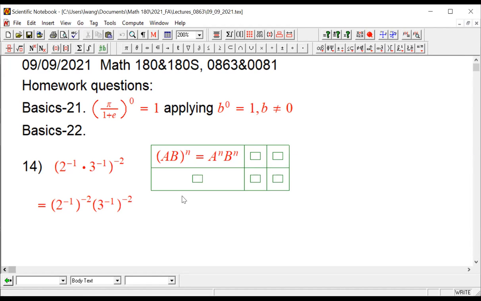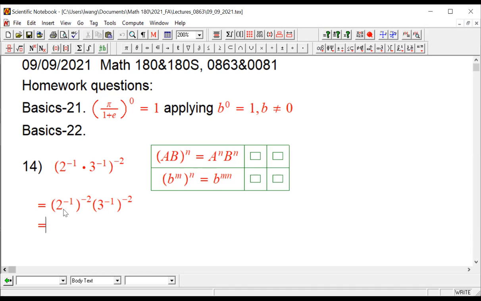Okay, and then we have this property here, b to the power m, then parentheses, to the power of n, equals b raised to the power of m times n. Do we know this property? Yes? Mhm. No? Okay.